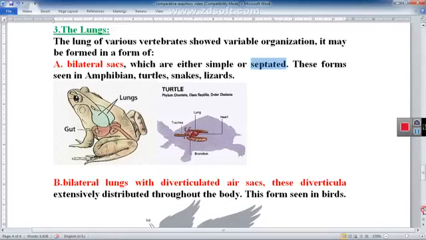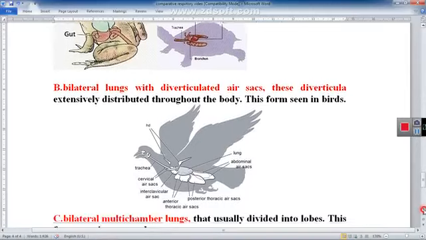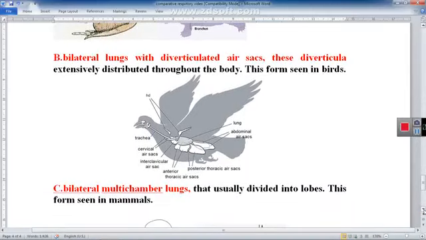Another form of sac, which serves to provide thermoregulation in addition to providing much oxygen exchange, is a form of lung on the right and left side which are connected to diverticuli of air sacs.